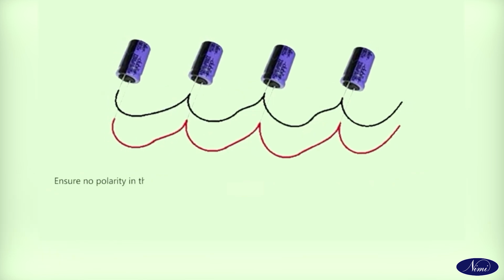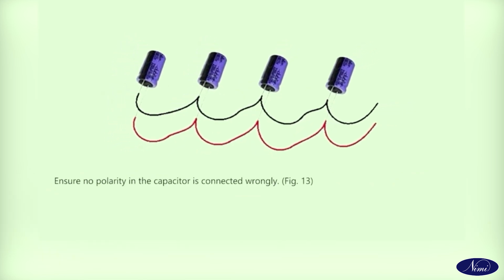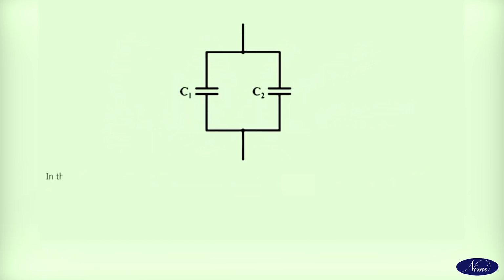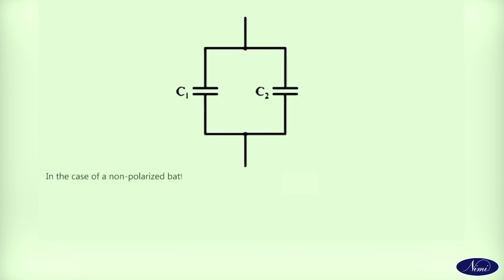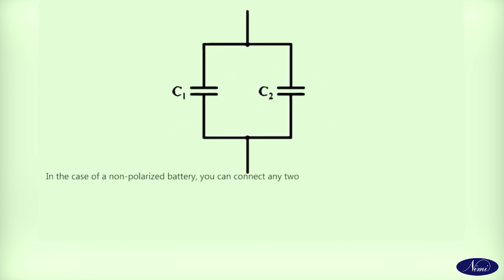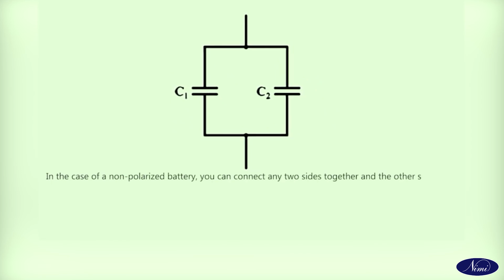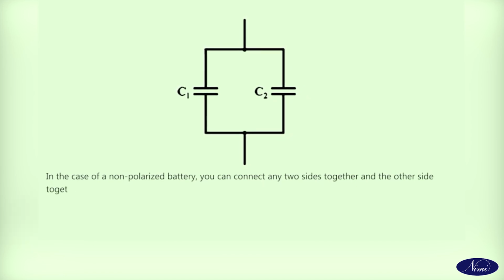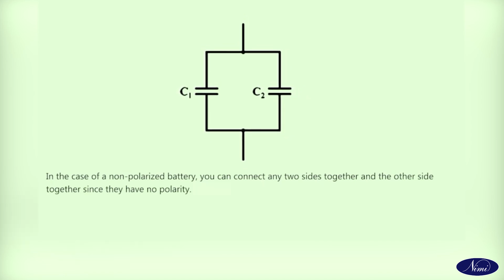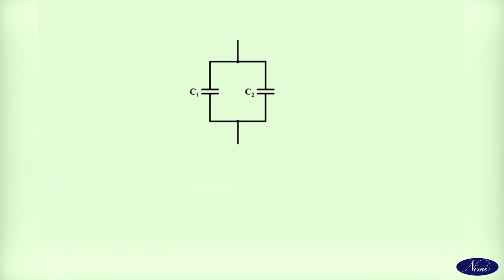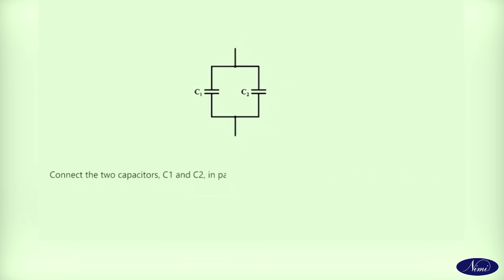Ensure no capacitor is connected with wrong polarity. In the case of non-polarized capacitors, you can connect any side together and the other sides together since they have no polarity. Connect the two capacitors C1 and C2 in parallel.